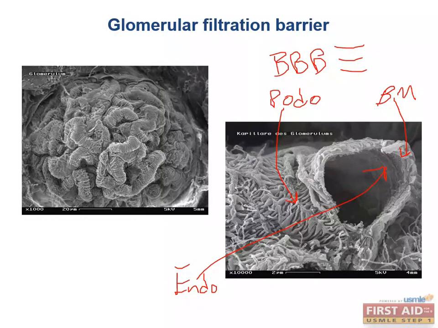But the problem is that these solutes are the same size as the waste products which the kidney is trying to clear from the body, like urea and creatinine. So the glomerulus has no way to separately filter these solutes, so it filters all of them and then reabsorbs the ones the body wants to keep, like amino acids, glucose, and electrolytes.